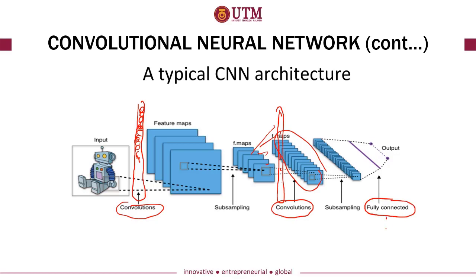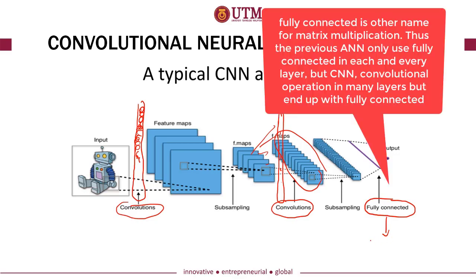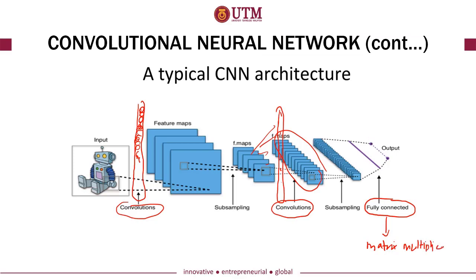Fully connected is actually another name, because I already mentioned to you, if you see the word fully connected, it is actually a matrix multiplication. In other words, the fully connected operation is similar to the previous artificial neural network operation.